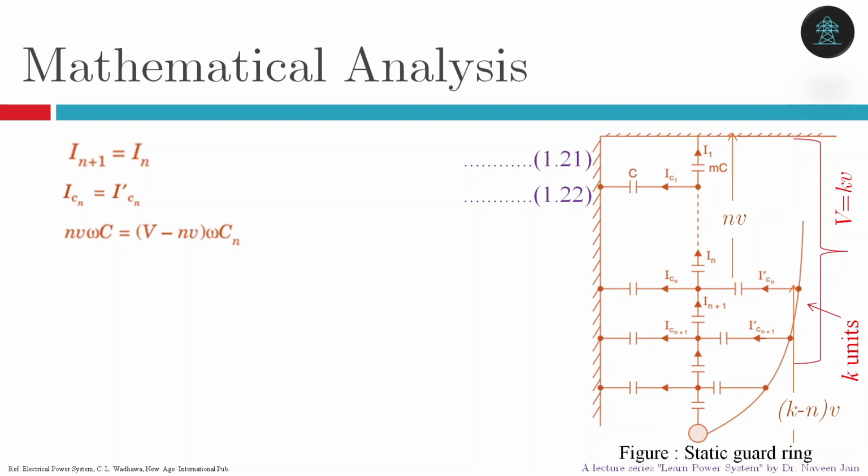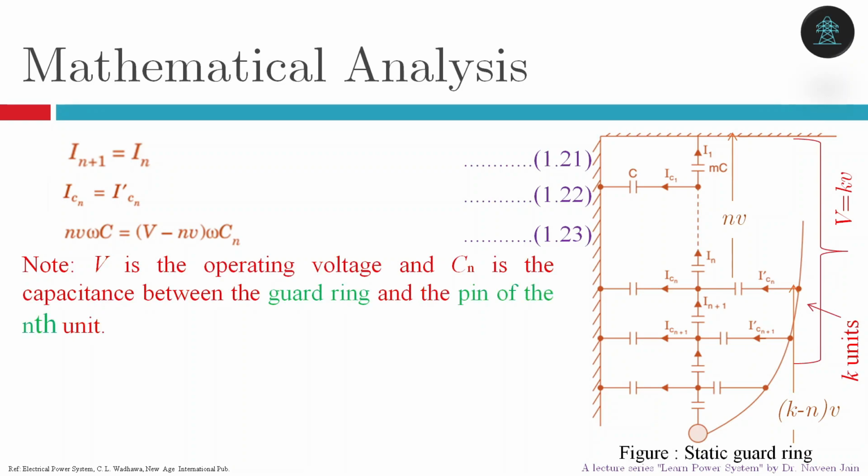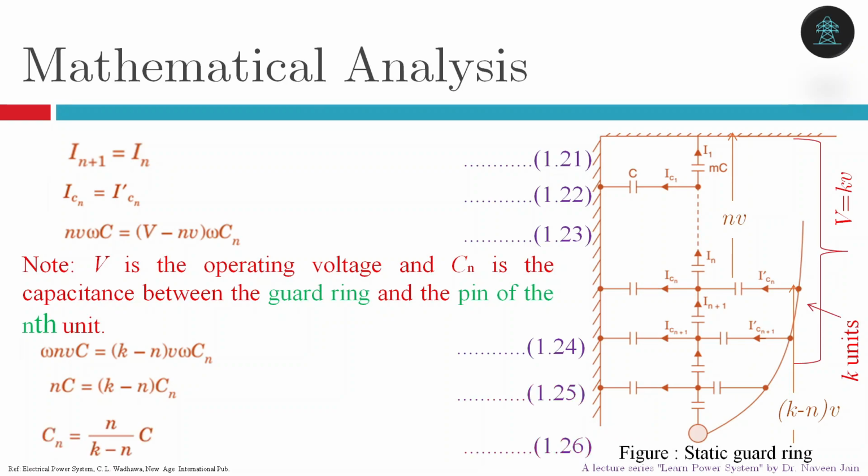Now, just substituting the values of these currents and solving them, we obtained this expression: Cn is equal to n upon K minus n into C.